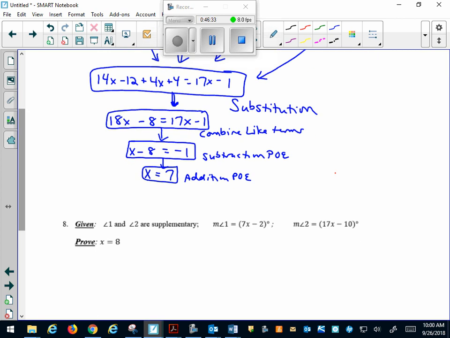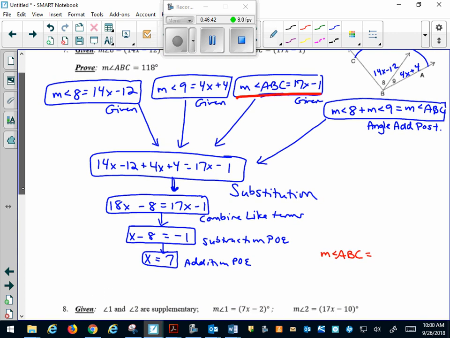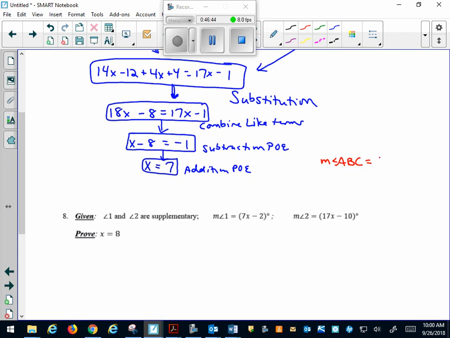And I'm going to take the measure of angle ABC equals 17x minus 1. I'm going to write it as 17 times 7 minus 1. What did I do? What might be my reason there? Substitution, exactly. I took out the x and I replaced it with the 7, and that's substitution.